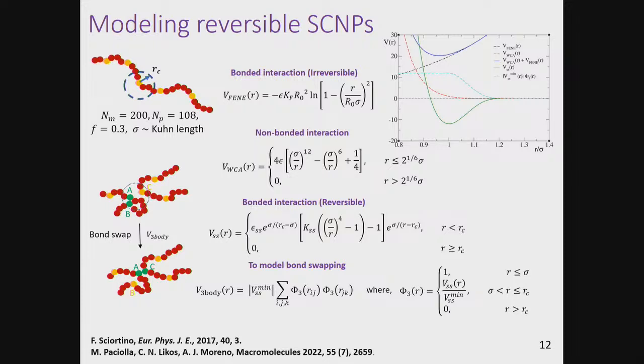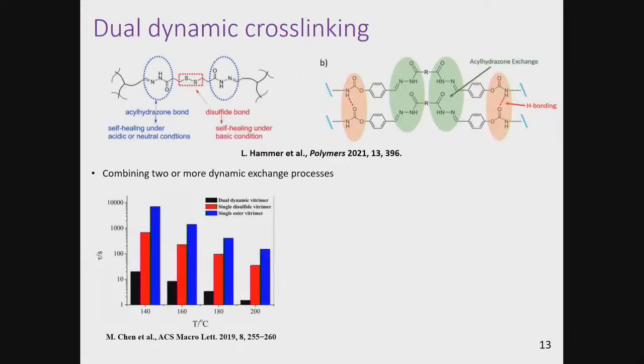So whenever this triplet is formed, there is an energy penalty that we need to pay. In that process, the system minimizes and makes this bond swap, basically. So our bond swapping is through the Hamiltonian of the system, and these are the model details.